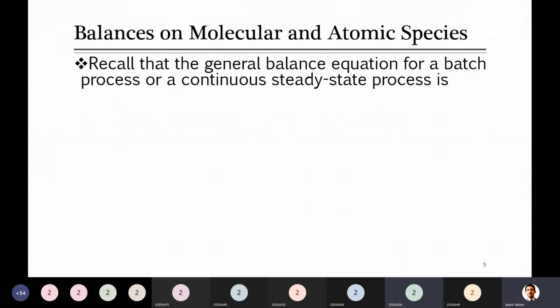Steady state is that process in which anything coming in is equal to what goes out. That's the simple steady state, in which, more technically, accumulation is equal to zero.